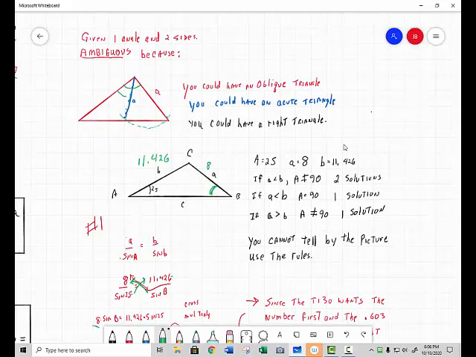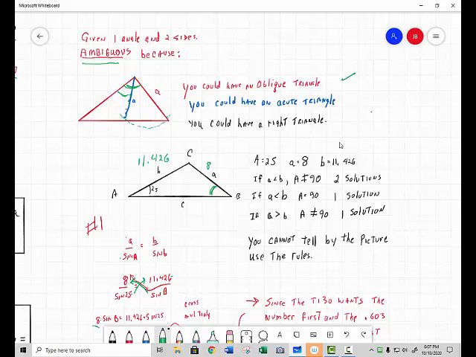It could be that this long side right here is A, or it could be here, which changes this value of this angle right here. I don't know whether it's this big angle or a little angle. You could have an obtuse triangle, which looks like this, or you could have an acute triangle, which looks like the one that we just got finished with, or you could have a right triangle. You could have any of those three.